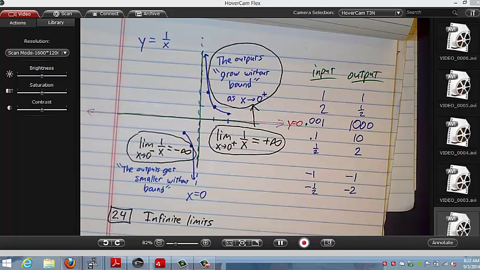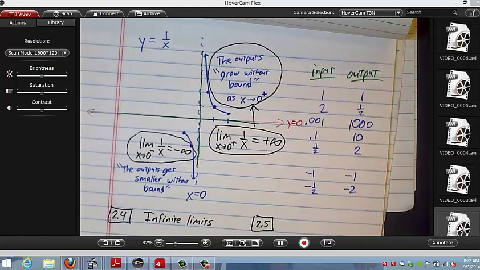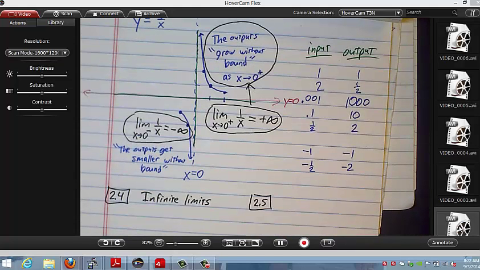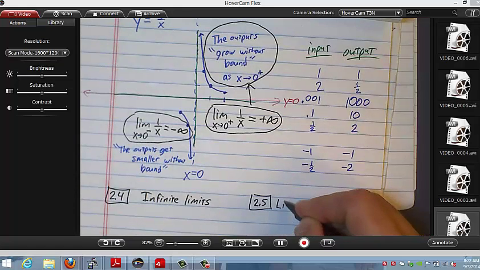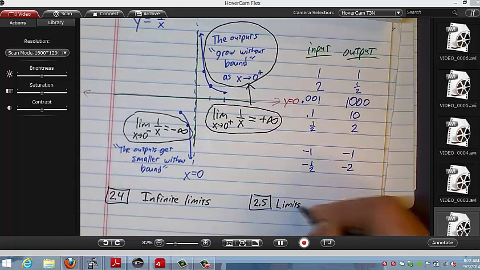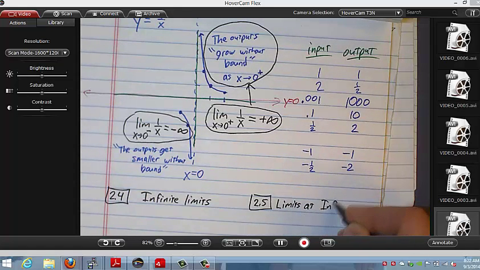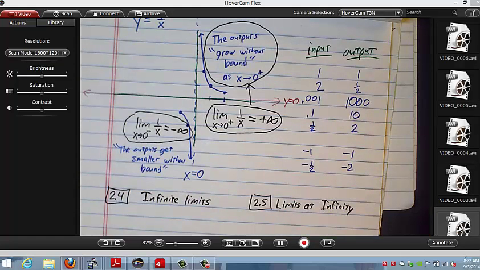And really, that's section 2.5. Section 2.5 is called limits at infinity. And I know this is what you guys are reading for Friday. Okay. And we're supposed to cover it on Friday.